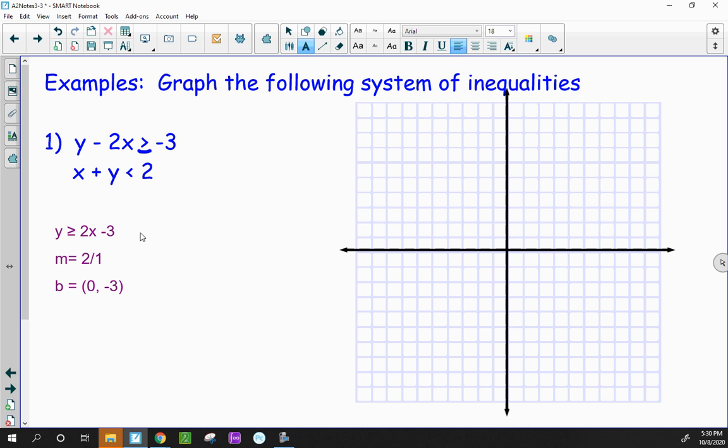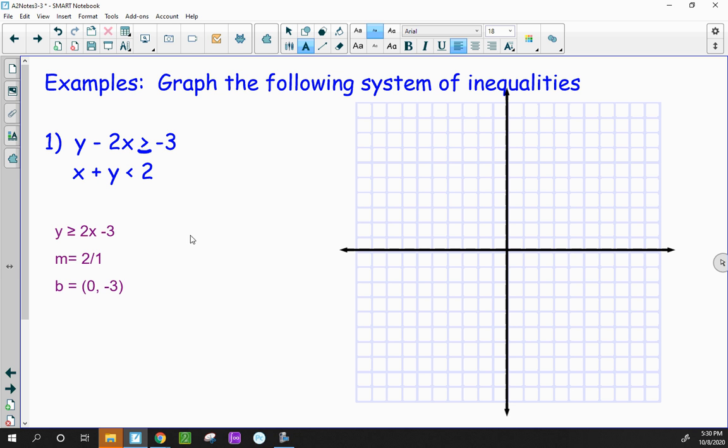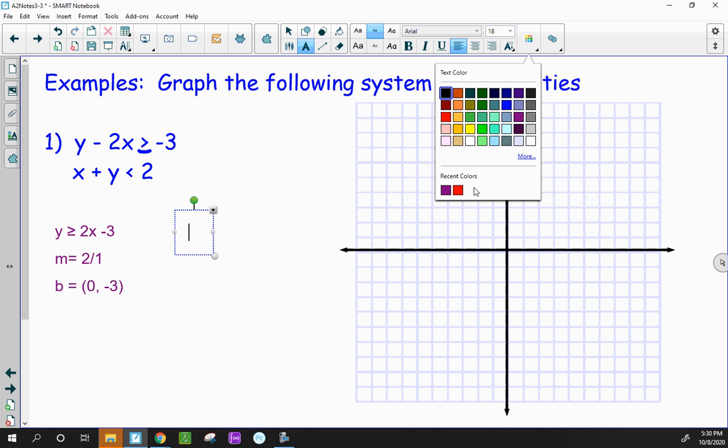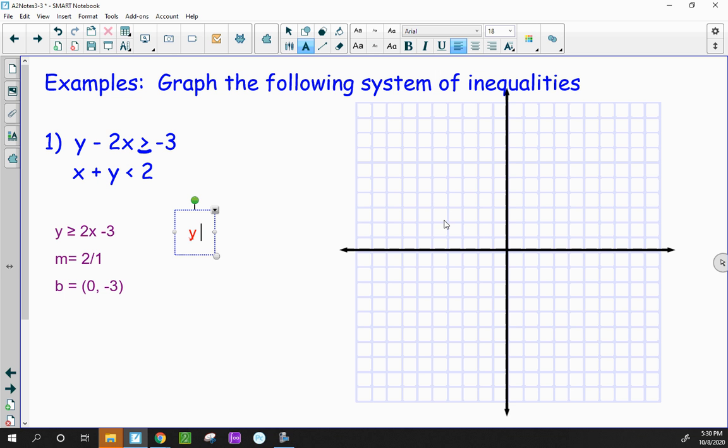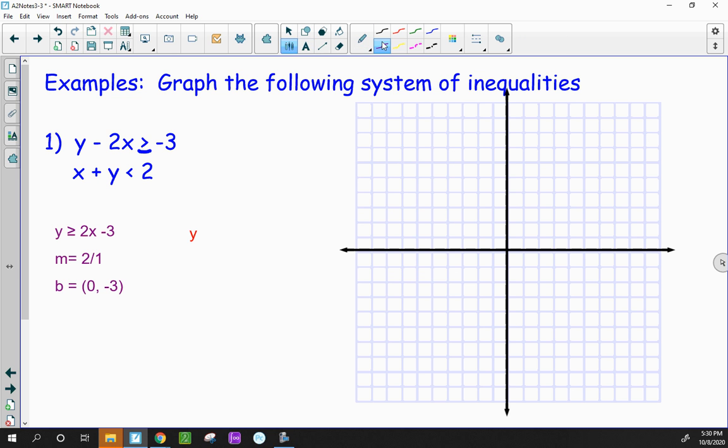Okay, second inequality. You're going to get y is less than, and then you're going to have negative x when it transposes across, and then plus 2.